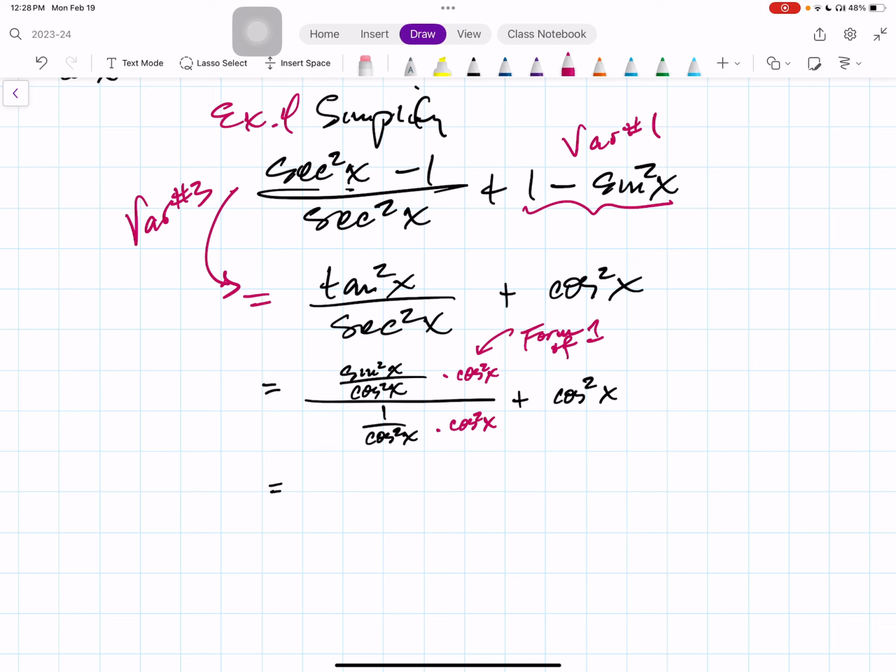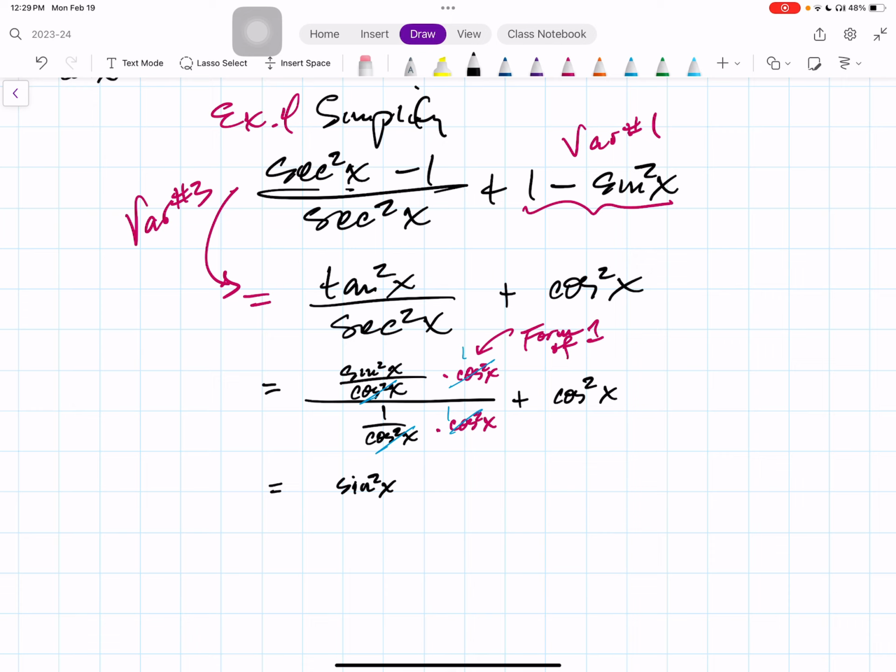Notice that cosine squared x divided by cosine squared x in red is actually 1. That's why I call it a form of 1. But what's cool is that if you use this technique with fractions within fractions, watch what happens. In the numerator, the cosine squared x cancel. In the denominator, they cancel again. And then all you get is sine squared x. That's why this is a slick technique. So if you haven't seen it, there you go.